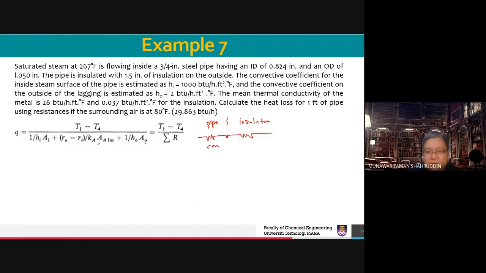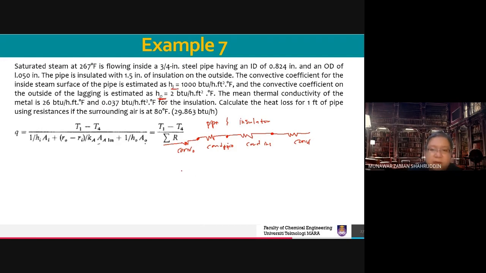Okay, conduction for pipe, conduction for insulator. Okay, but you must not forget the convection. Okay, convection. So convection dia ada convection outside dan convection inside. Sebab tu ada H0 dan HI.